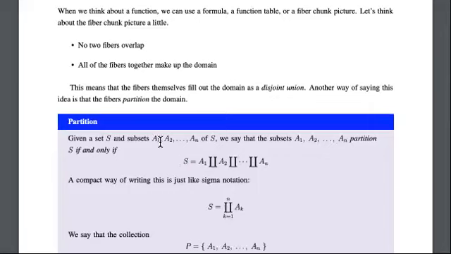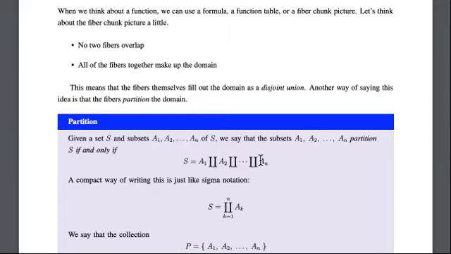Meaning that these guys don't overlap anyway, because if they did overlap, this could never be S, really. This notation also sometimes just means that these guys don't overlap. It's just completely disjoint, and we're taking a union. So you can really think of this symbol as just being a straight old union, but with the caveat that A1 through AN are disjoint.